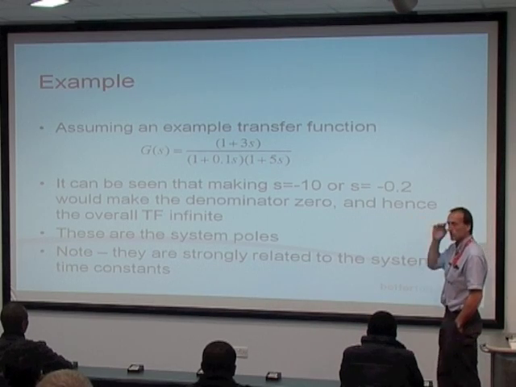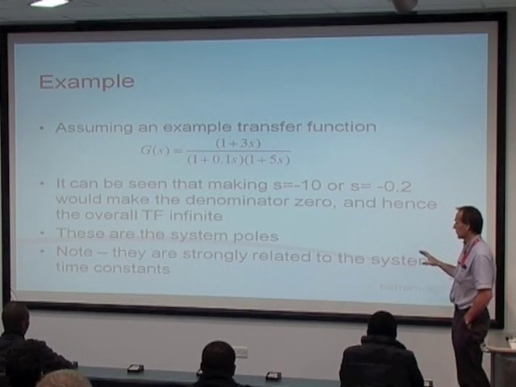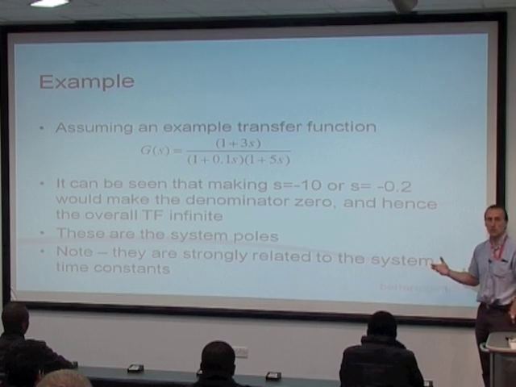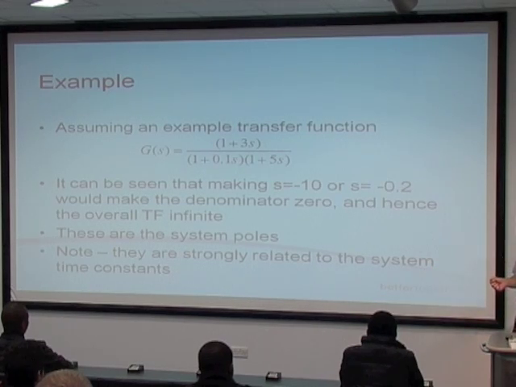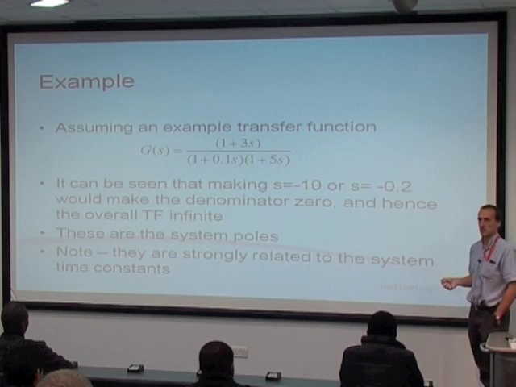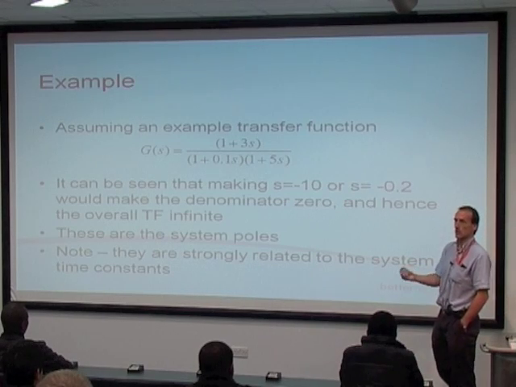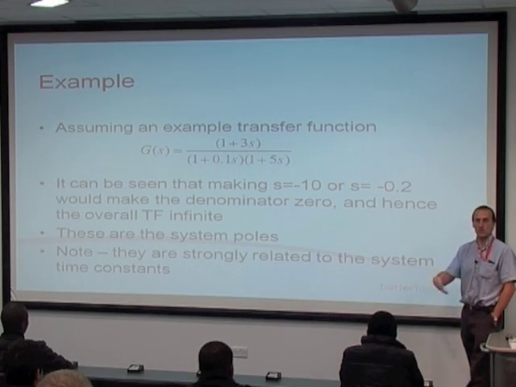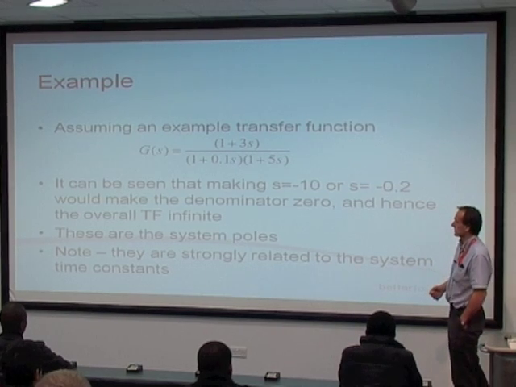And as you can see from looking at the shape of that, they're strongly related to the time constants associated with that system. In other words, if we know where the poles are, we know what the time constant is. In other words, we understand the dynamics of that system.